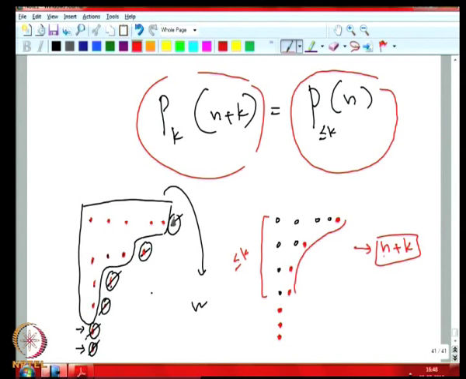You can see that this is a bijection, because if this got mapped into this, by the reverse operation we will get back this. So therefore, the number of partitions of n plus k into exactly k parts is equal to the number of partitions of n into at most k parts.